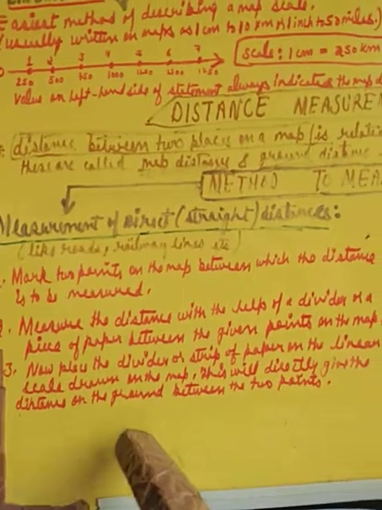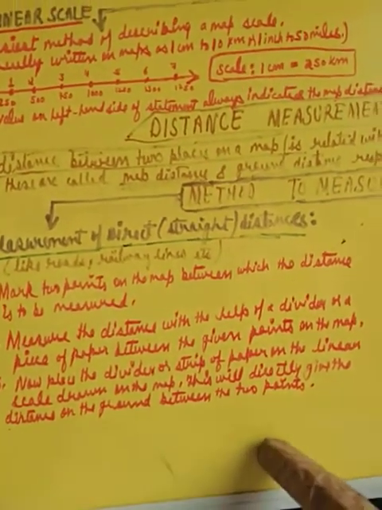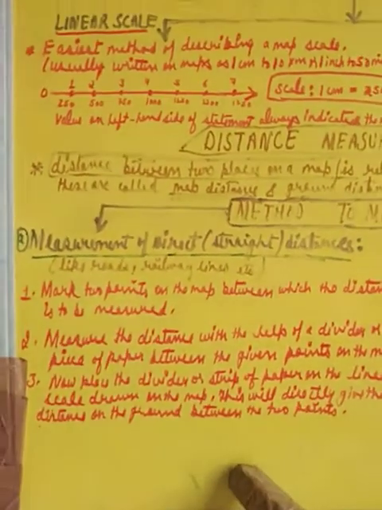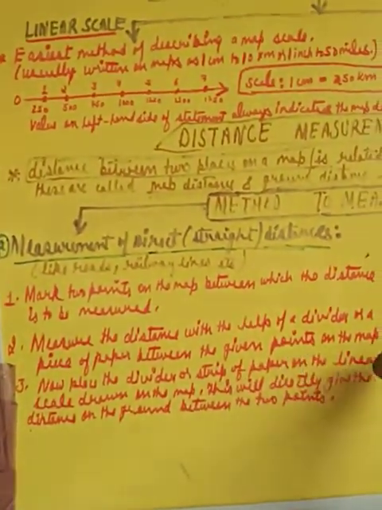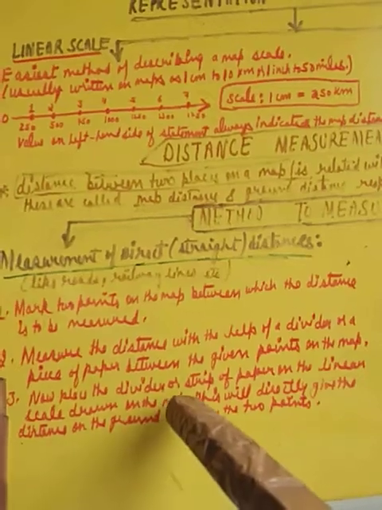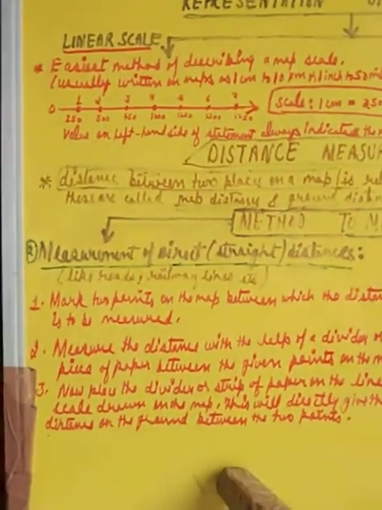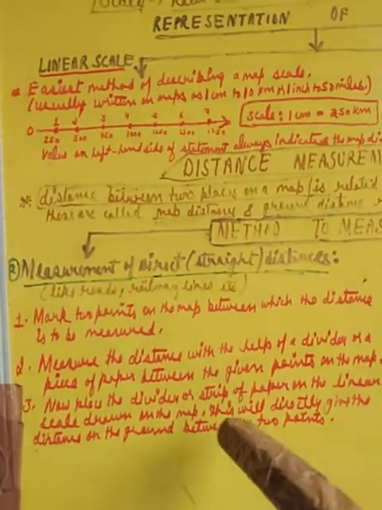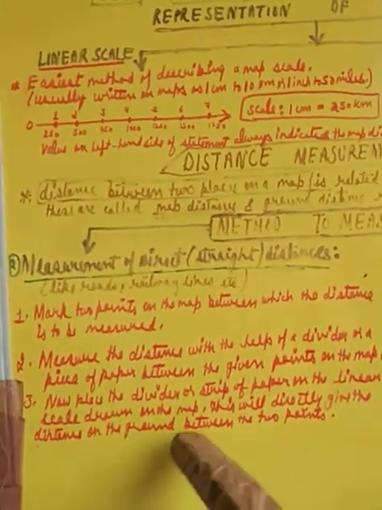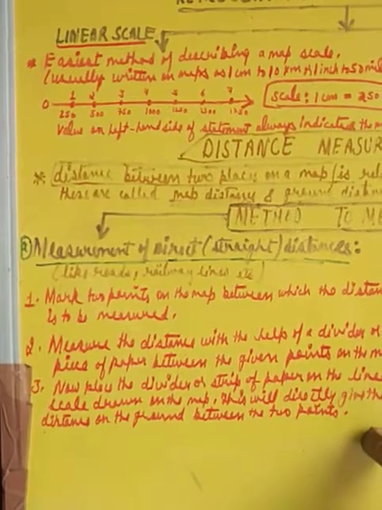Suppose this is point A and this is point B. You measure it this way, and now place the divider or strip of paper on the linear scale drawn on the map, and then you measure it. That will give you directly the distance on the ground between the 2 points.